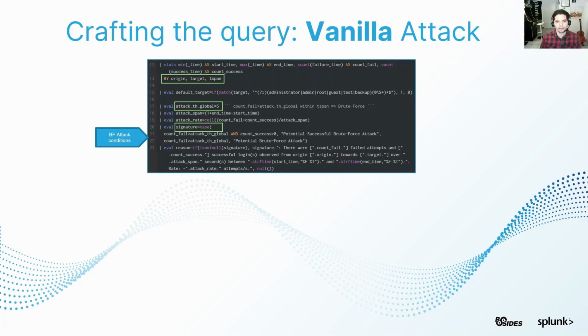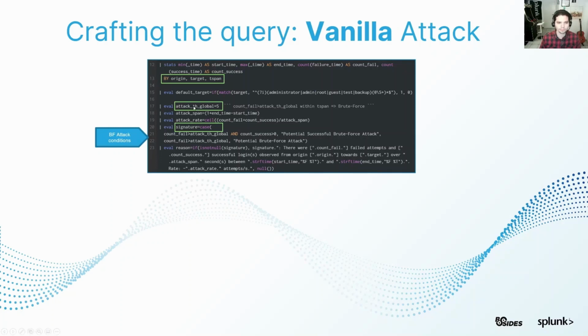Moving on, this is the first detection, the first attack that we are going to detect. This is the very same stats that you saw before, and I'm highlighting here what are the important parts. For every attack, we are going to generate a signature that is going to be accumulated over.